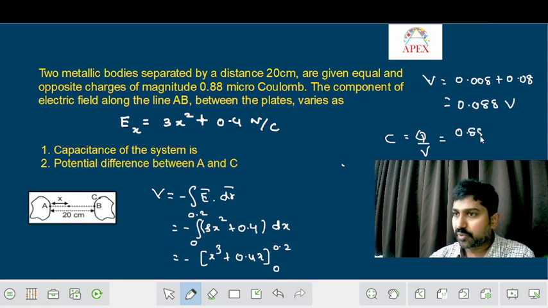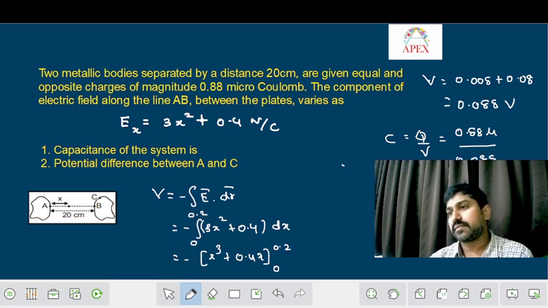So that is 0.88 micro by 0.088. This is 88 into 10 power minus 3 over 88 into 10 power minus 2, so finally it is equal to 10 microfarad. So the capacitance of the system is 10 microfarad.